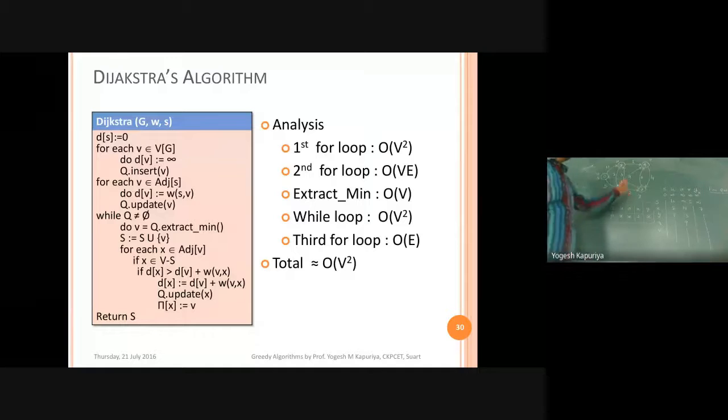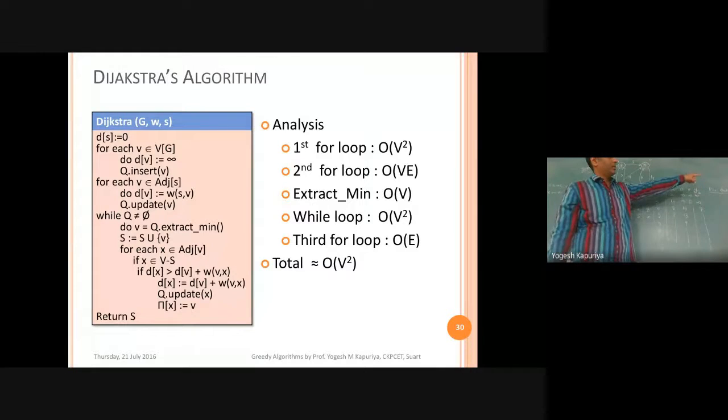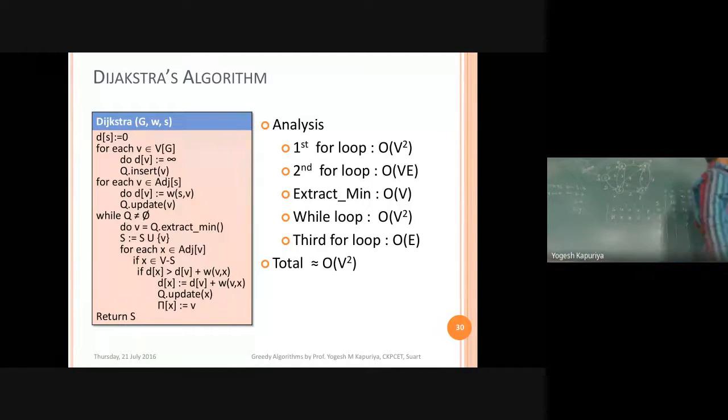If you see our iteration, what we have considered, we have inserted everything inside a queue, including this S. And then we have run the simple loop, while queue is not empty. In our iteration of this particular graph, we haven't discussed this.